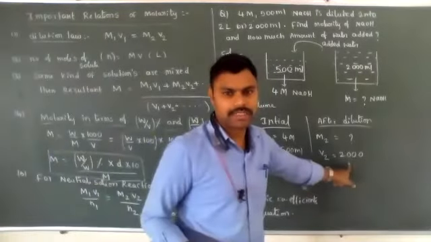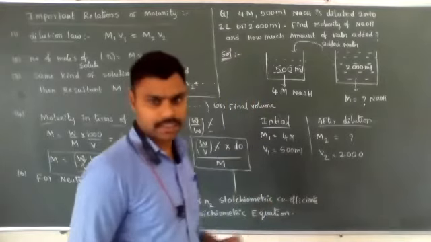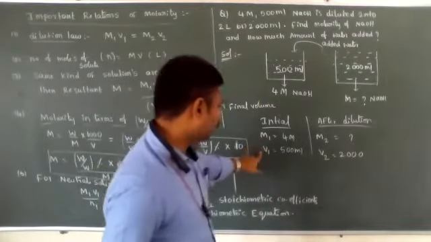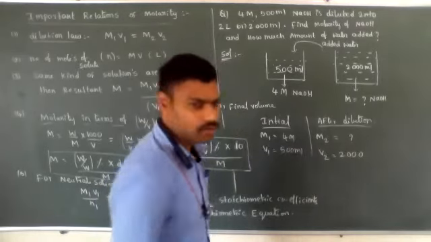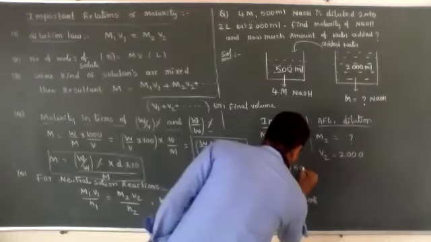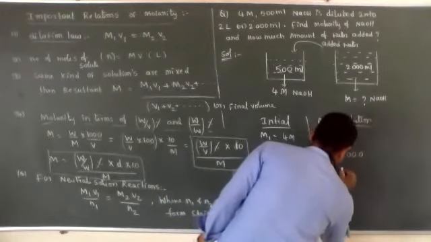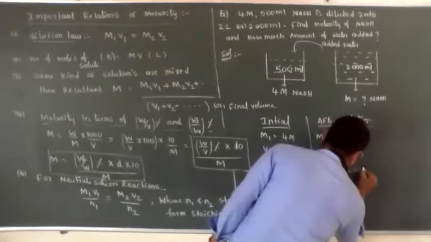If the final volume becomes 2000 ml, then how much concentration of NaOH is present? The relation is M1V1 is equal to M2V2. M1 means 4 into 500 is equal to M2 into 2000.